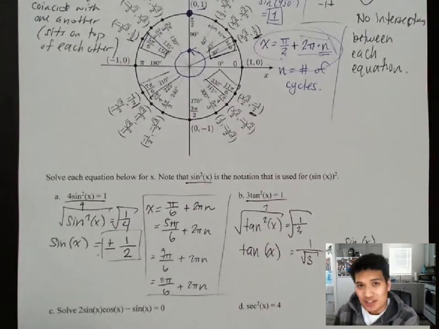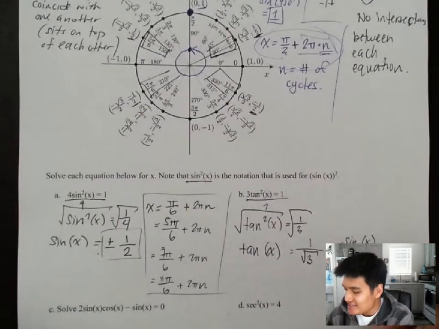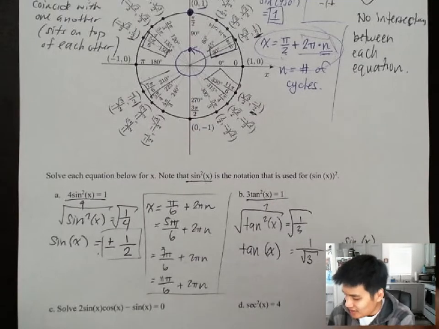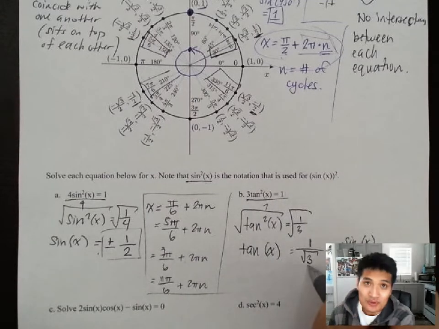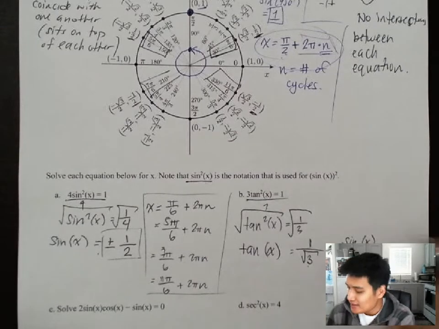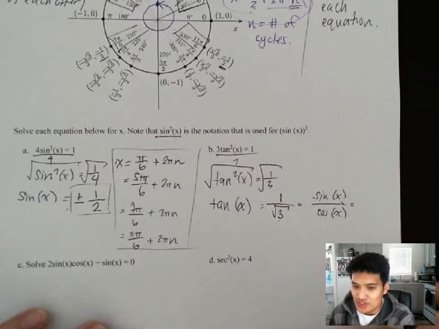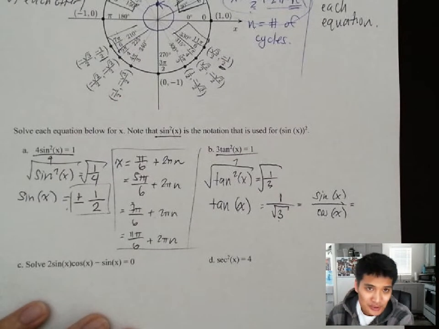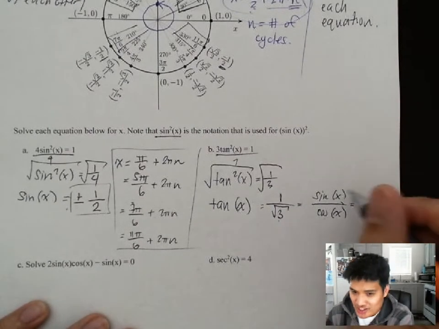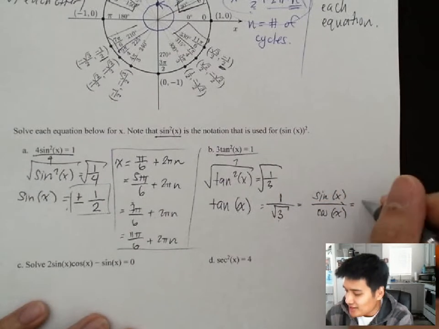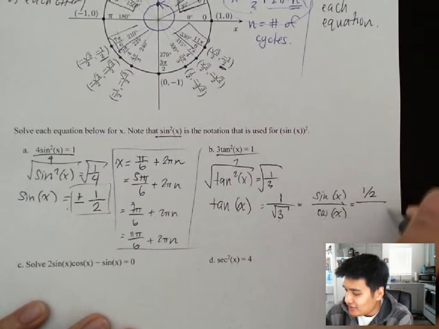So one thing we could do here is figure out when sine is going to give us a 1 at the top, and when cosine is going to give me a root 3 at the top. Some of the special lengths that we've come to know are 1/2 and root 3 over 2. So essentially I can rewrite 1 over root 3 as 1/2 divided by root 3 over 2.